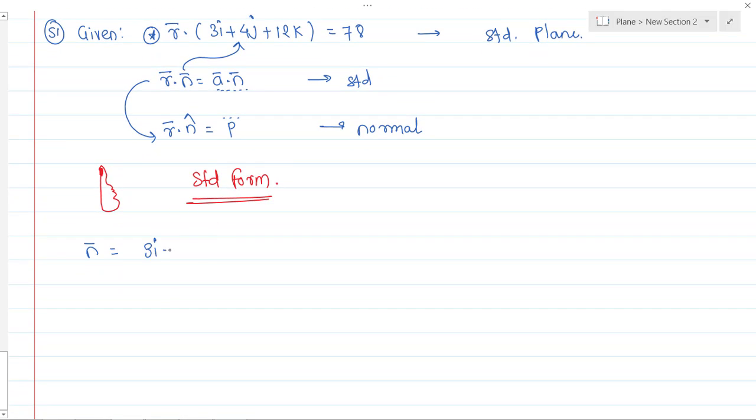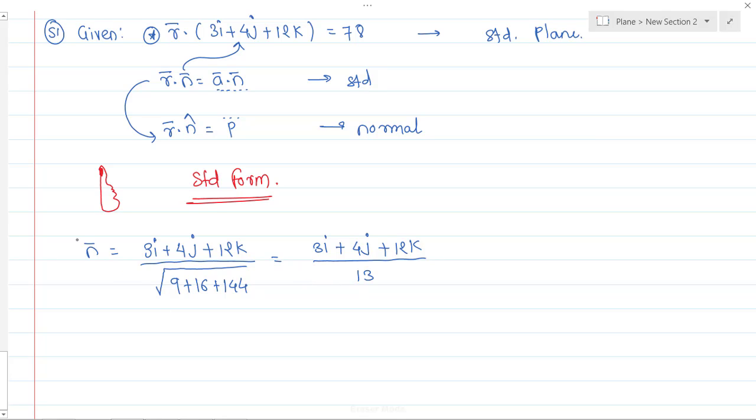So it's 3i plus 4j plus 12k whole divided by its magnitude, which is given as root of 3 square is 9, 4 square is 16 plus 12 square is 144, which is nothing but 3i plus 4j plus 12k whole divided by root of 169, which is nothing but 13.